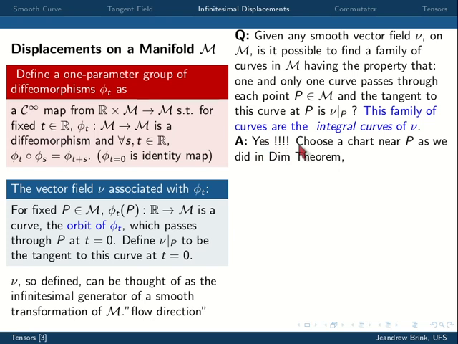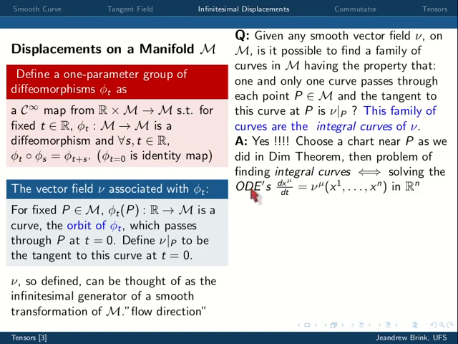And the way we prove that is we simply say, let's choose a chart near P, just like we did when we proved that the dimension of the vector space is the same as the dimension of the manifold. Then the problem of finding these integral curves, in other words, given the vector field, the curves that go through it, is the same as solving a whole bunch of ODEs.